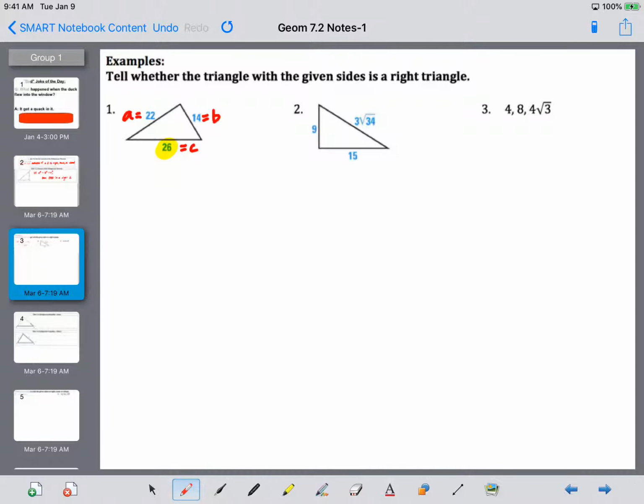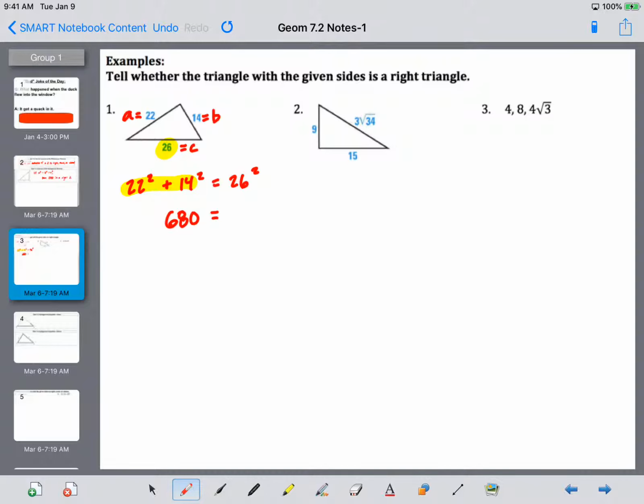If we plug this in, we can start right away. We'll plug in 22 squared plus 14 squared, and we're trying to see if that does equal 26 squared. You can plug in this left side of the equation all in one line in your calculator. You don't have to do this in separate steps. When I did that, I got 680.